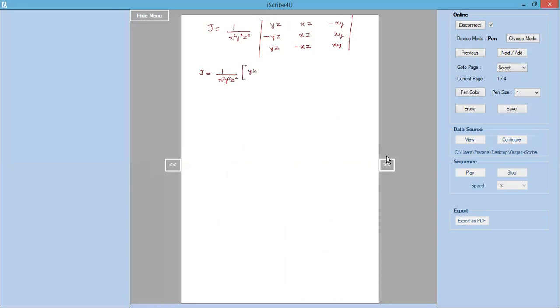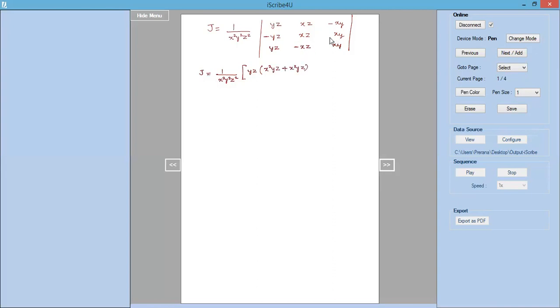So yz multiplied by, we have product of these terms, xz into xy minus of xy into minus xz. So this product gives me x square yz minus of minus plus x square yz. X square yz plus x square yz.